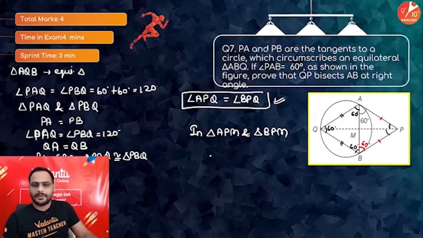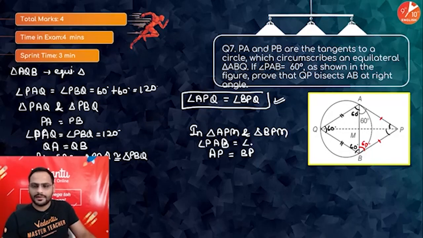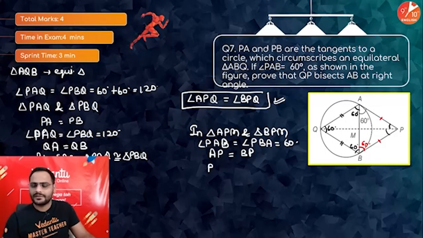Now I will talk about triangle APM and triangle BPM. In triangle APM and BPM, we'll say AP is equal to BP. Also we will say angle PAB is equal to angle PBA, both are equal to 60 degrees each. AP is equal to BP, and then PM we will take as the common side, and apply the angle side angle rule.